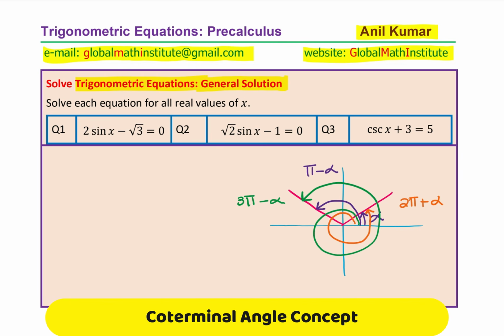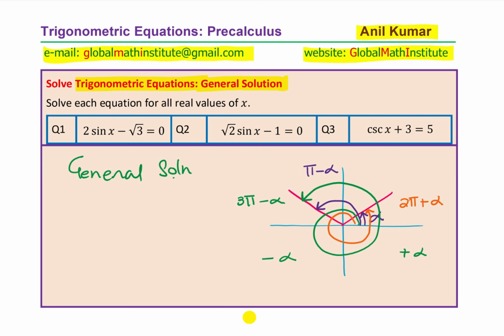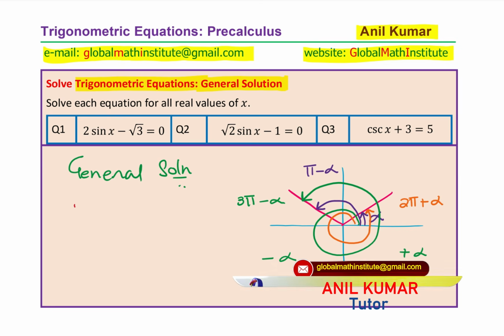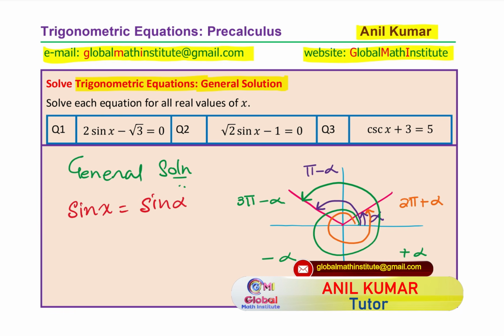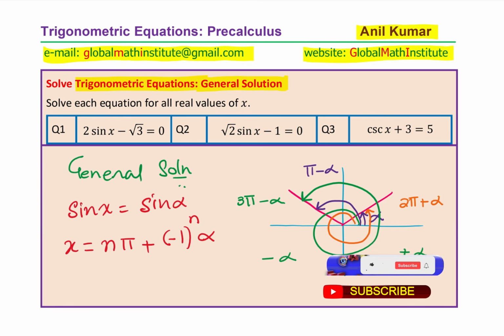You see here it is plus alpha, right? Here it is minus alpha. So it kind of alternates. Perfect. So to give you a general solution, what could it be? Well, in general, if I have sine x equals to sine alpha, in that case, x will be equal to not only alpha but n pi, right, plus minus 1 to the power of n times alpha.